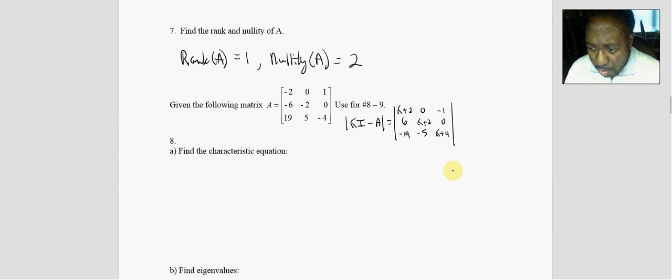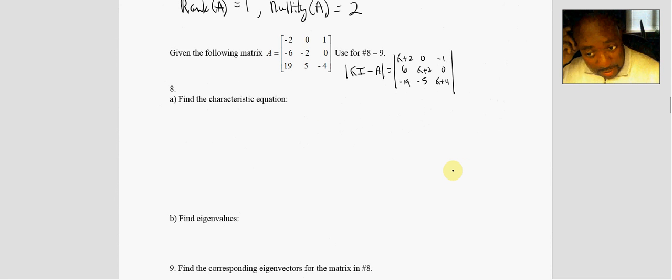The characteristic equation is the determinant of lambda times the identity minus A, which gives us lambda plus 2, 0, -1, +6, lambda plus 2, 0, -19, -5, and then lambda plus 4. We simplify that. We just solve for that determinant. I use cofactor expansion along the first row.